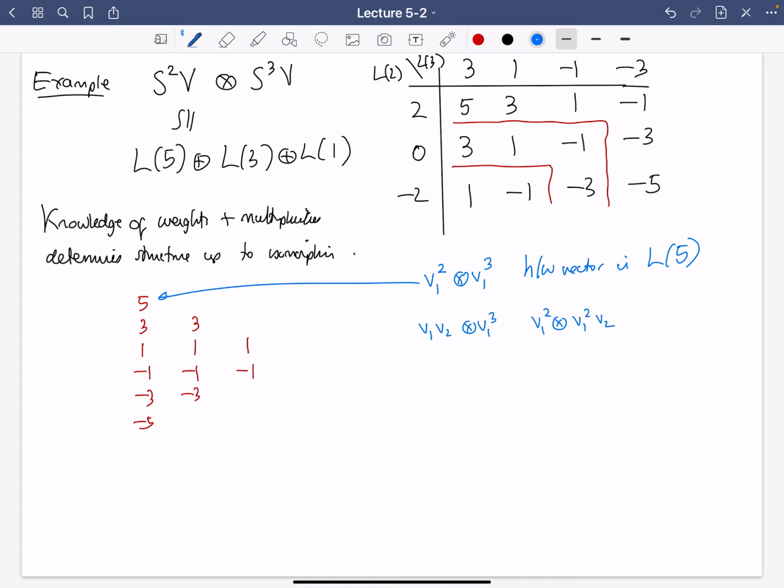Those are the two monomials which will give a basis for that 3 weight space. And if I wanted to locate that highest weight vector up to a non-zero scalar, I need to take a linear combination of these, and I need it to be killed by E to be a highest weight vector. I think you have to take the difference. That'll be the highest weight vector in the L of 3.